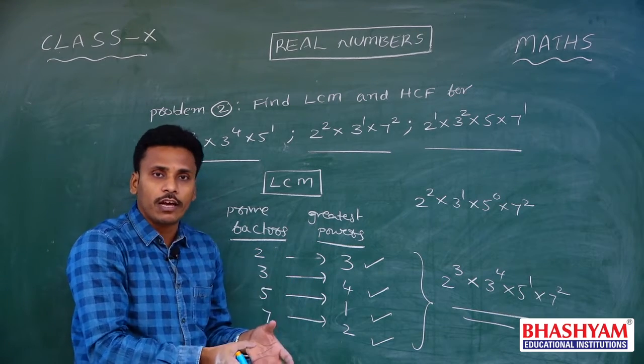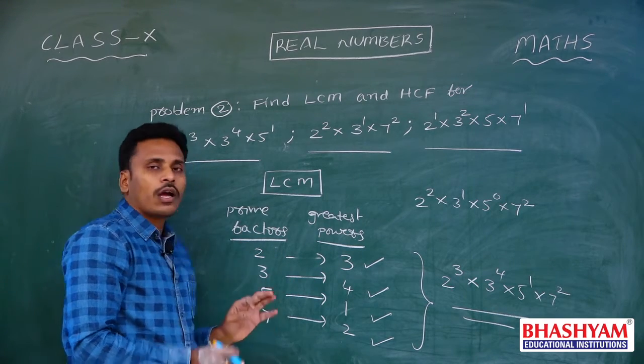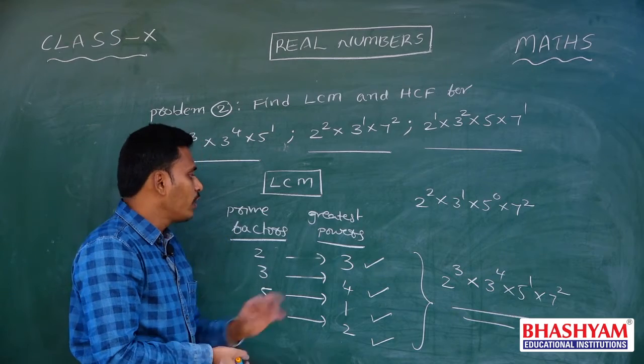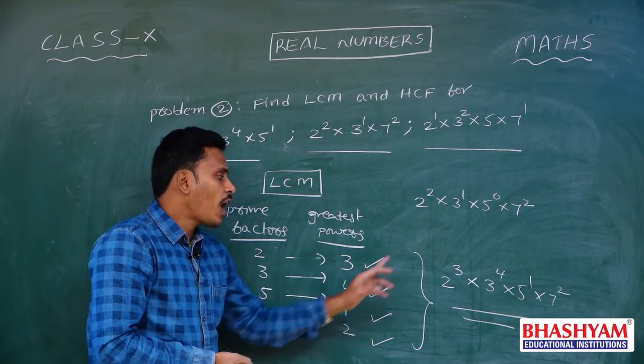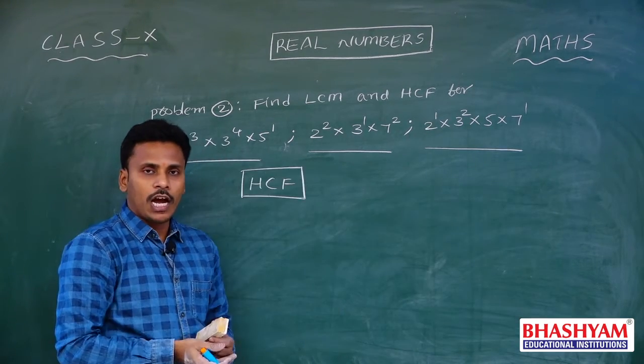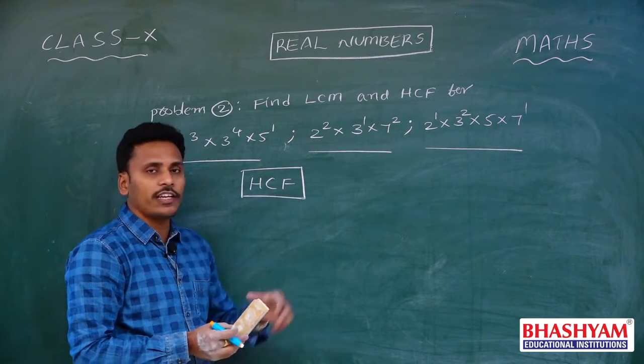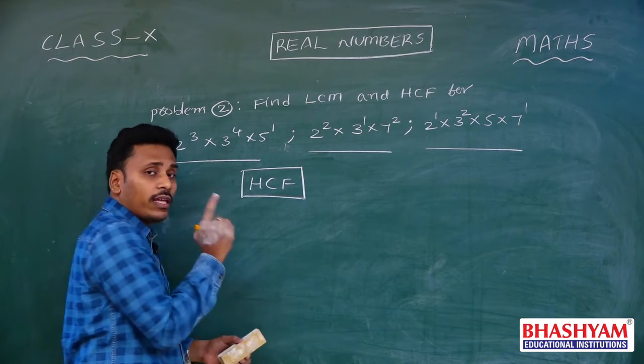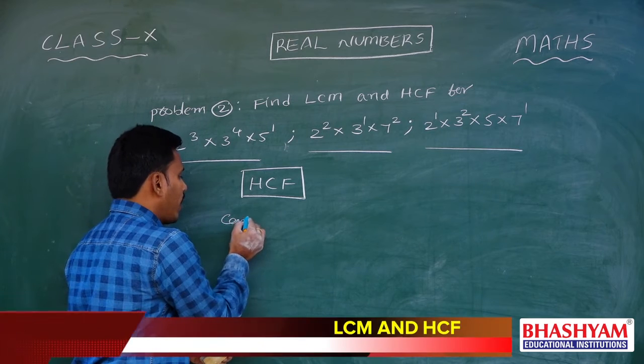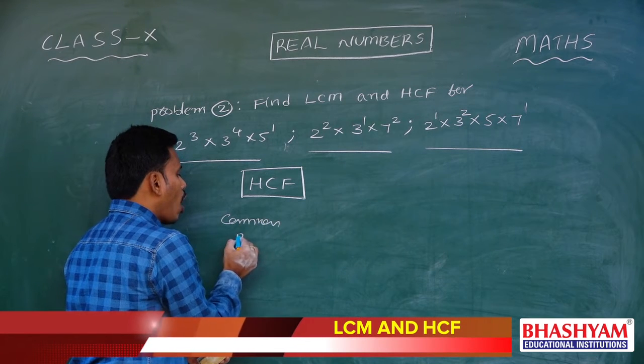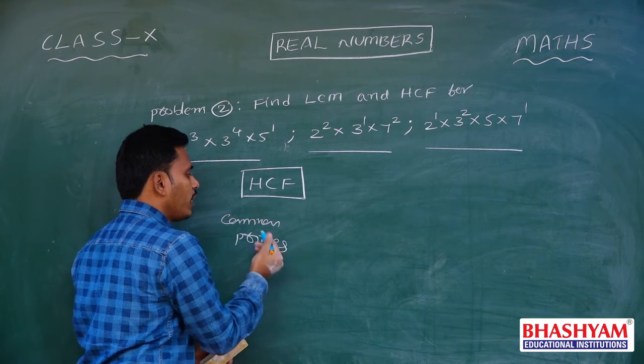Then to find the HCF, you need to list out common prime factors along with the smallest powers, and multiply all those things. Now, to find the HCF of these three numbers, we need to identify the common prime factors, right? What are the common primes involved for the three numbers?